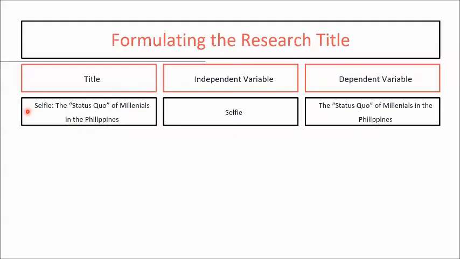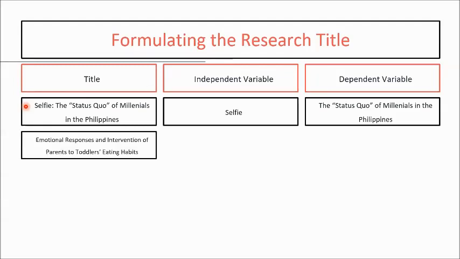Pwede rin siyang gawin na yung status ng isang tao is nagbe-base sa TikTok followers ng isang tao. Okay? So, si independent variable, pwede siyang baguhin. Pero si dependent, naka-depend lang siya kay independent variable. Di ba? So, in this title, ano daw yung status quo ng mga millennials sa Philippines? Selfie. Okay, so, pwede natin siyang baguhin kung gusto nyo, or pwede nyo siyang baguhin when you are writing a research title.